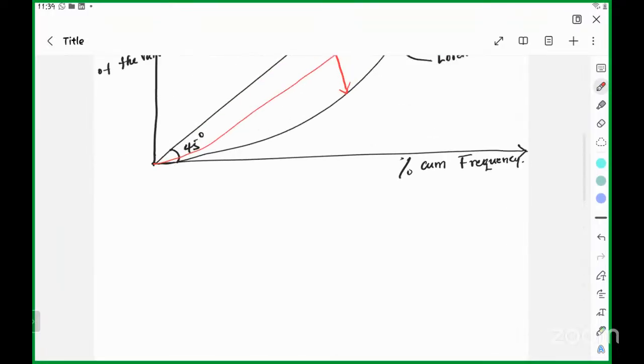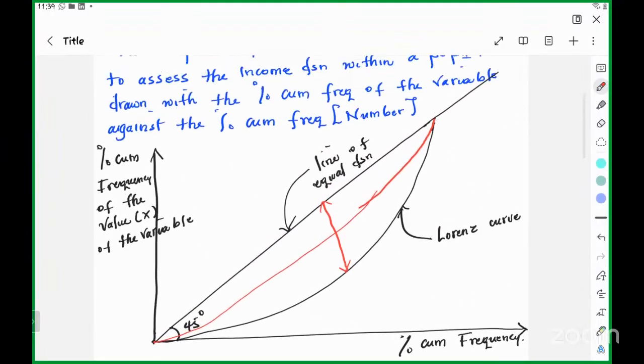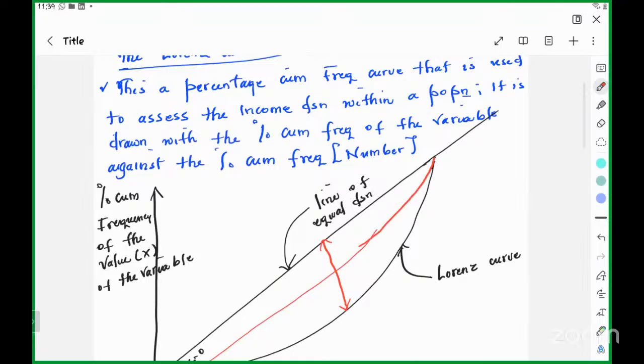Okay, so we take an example here. One of the questions that you may be asked is the importance of a Lorenz curve. It is used to analyze the income distribution within populations. But it does not necessarily hit onto that.